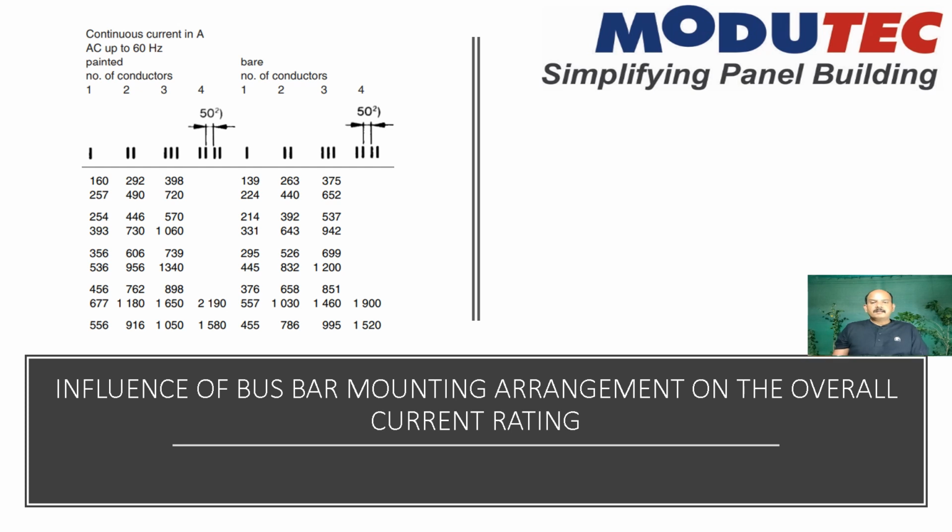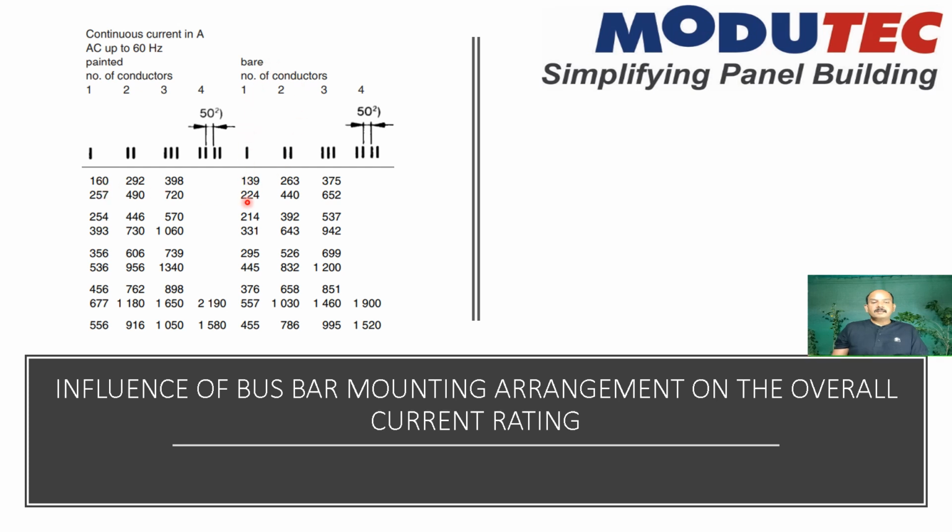This is another type of chart which you can see here. This is the bare painted surface of the bus bars, and this is the bare conductor. Between the painted conductor and the bare conductor, if it is a single run, the painted one is taking 160 amps, whereas the bare conductor is taking 139 amps only. Why does the painted surface take more current?